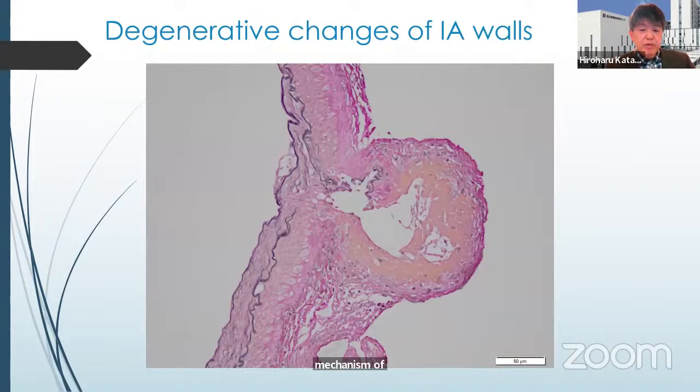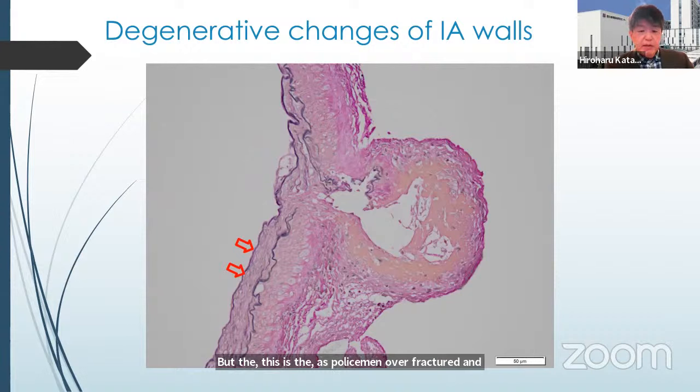The essence of intracranial aneurysm does not lie in its shape, outward bulging, but in the degenerative change in vascular walls. Intracranial arteries lack the external elastic lamina, but have the internal one. This is a specimen of ruptured aneurysm resected with the parent artery.